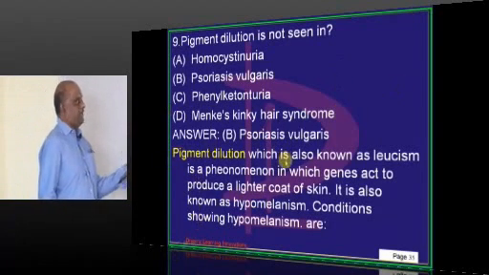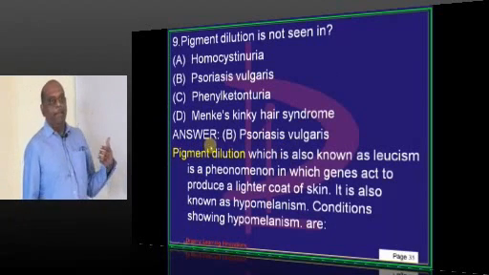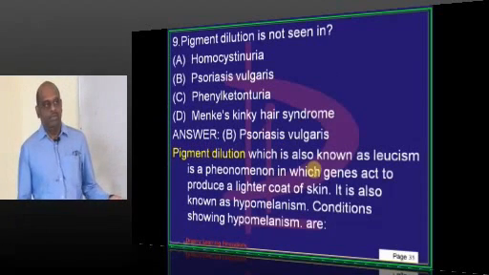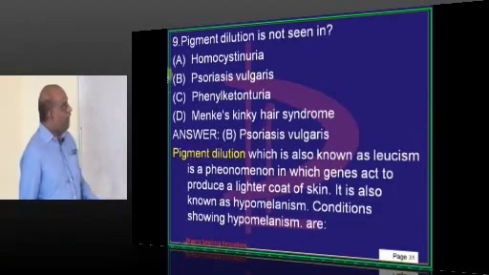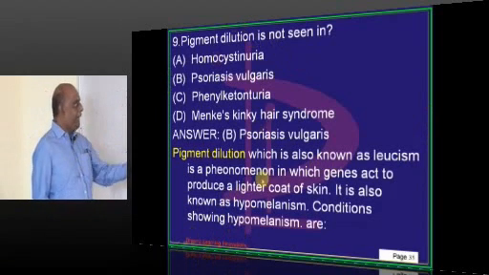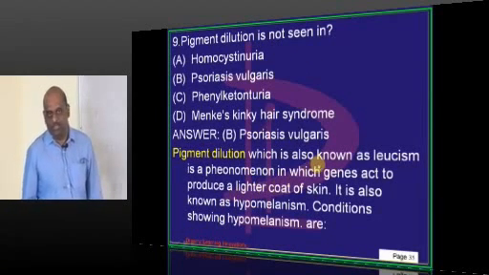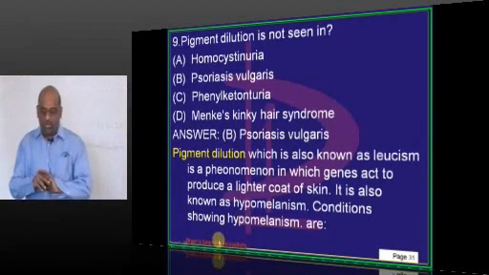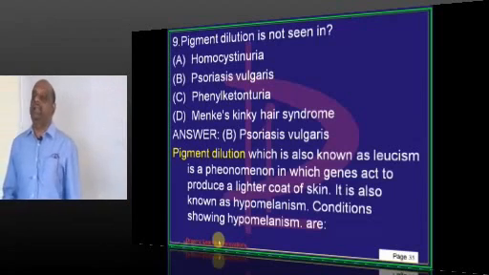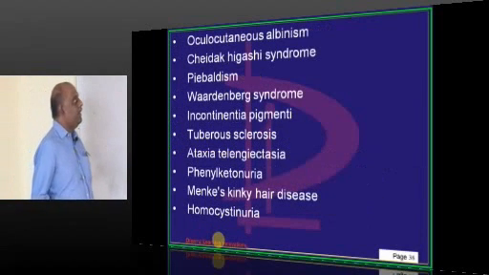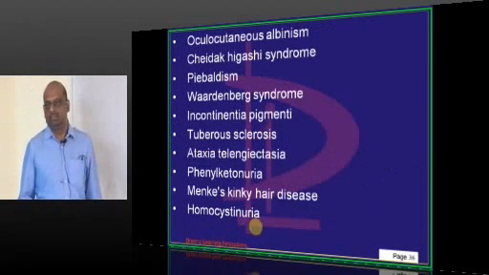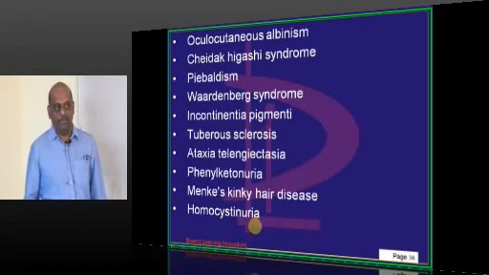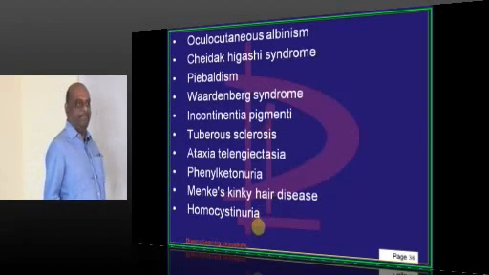You find it in homocystinuria, phenylketonuria, Menkes kinky hair syndrome, which is due to copper. In all these entities we find the pigment dilution, which is also called leucism, wherein there is a lighter coat of skin. This is the important finding. Once more, what is the donkey work about this question? There is a list of conditions where the skin becomes whiter.